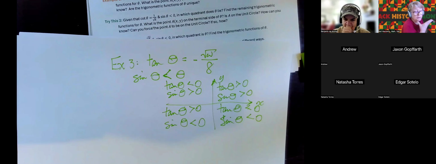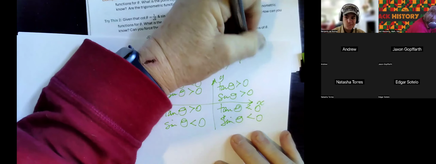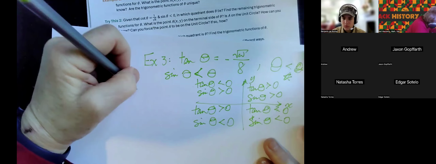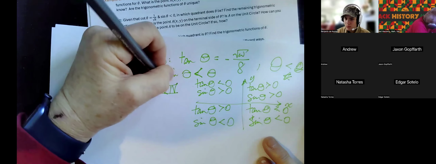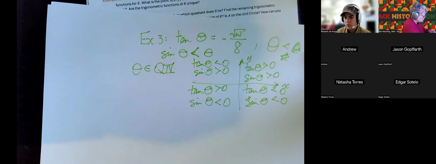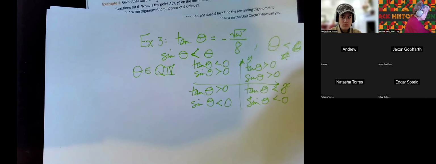What combination do we want? Negative, negative. So that tells us that our theta, good grief, our theta is in quadrant 4. So it tells us where to draw our triangle.